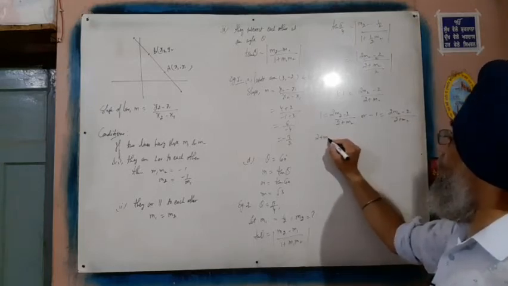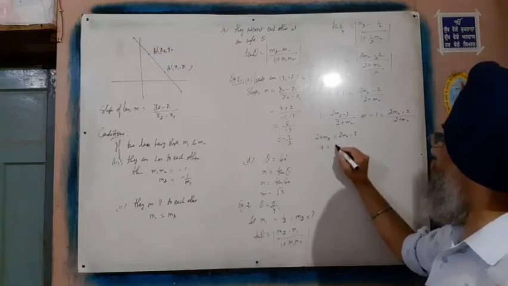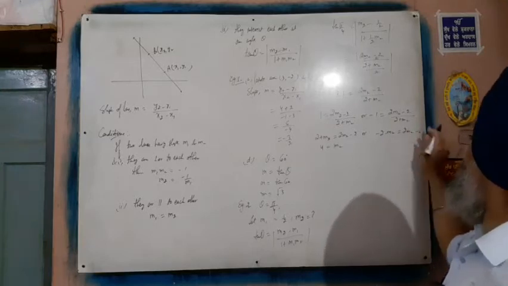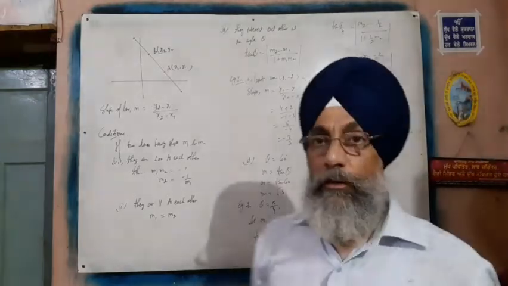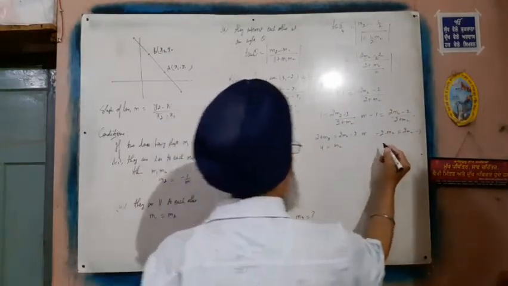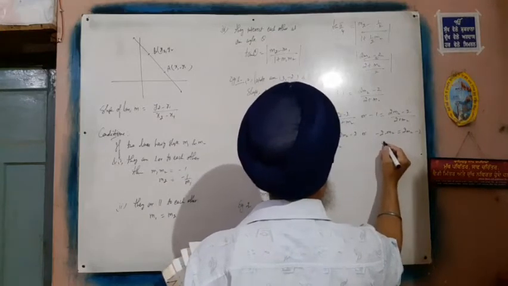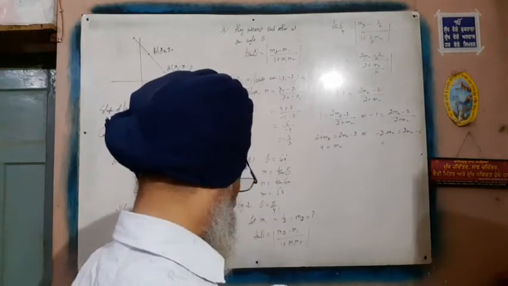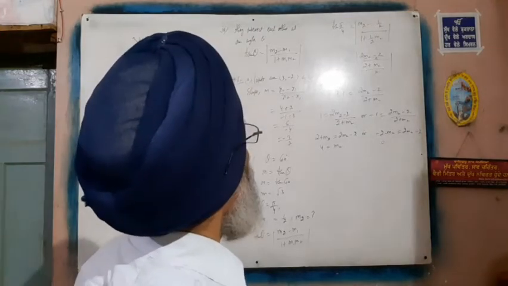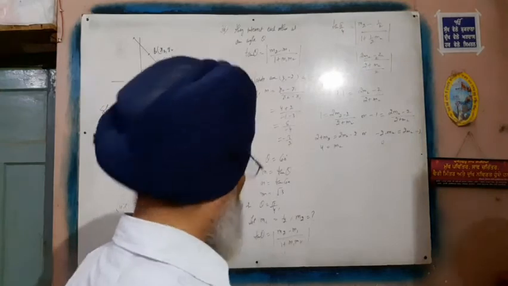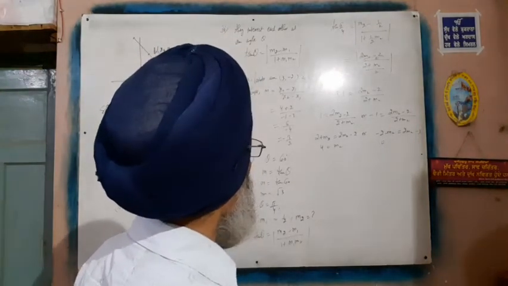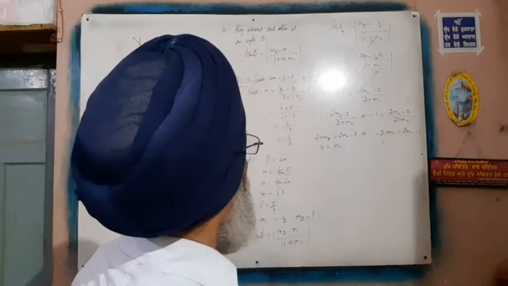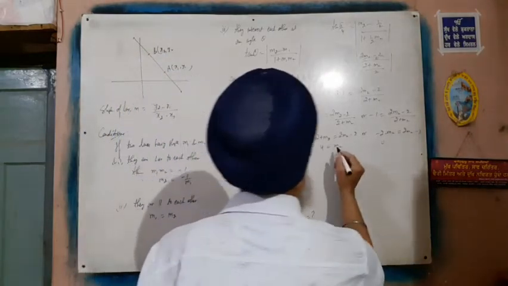Solving it, 2 plus m2 is equal to 2m2 minus 1, so m2 is equal to 3, or minus 2 minus m2 is equal to 2m2 minus 1. It will then be 3m2.